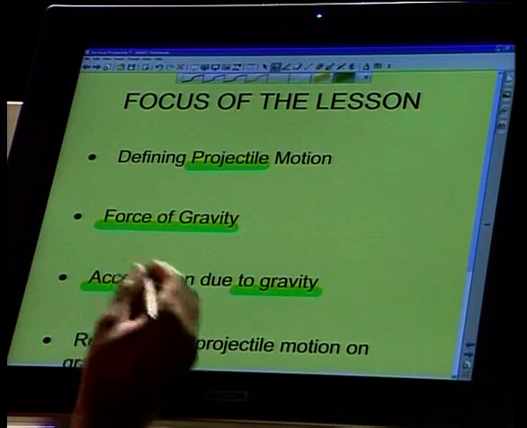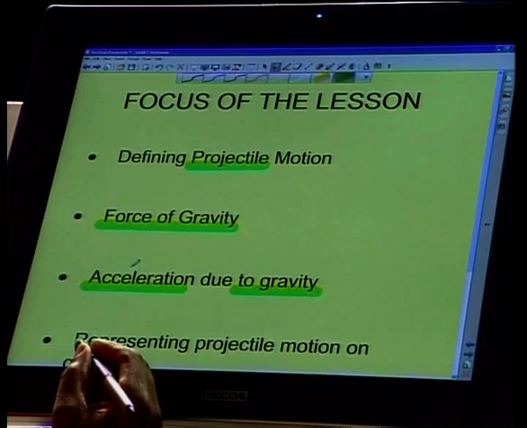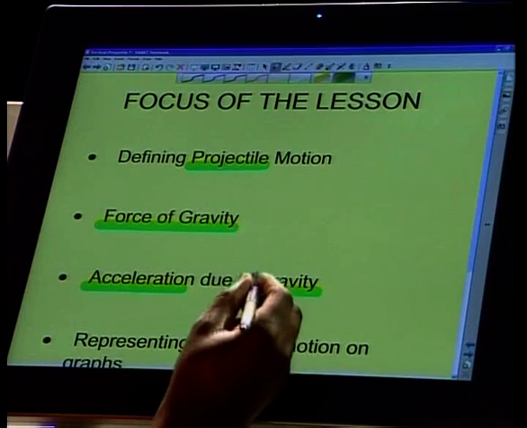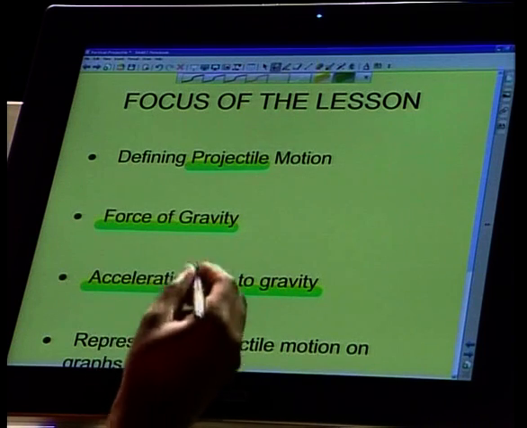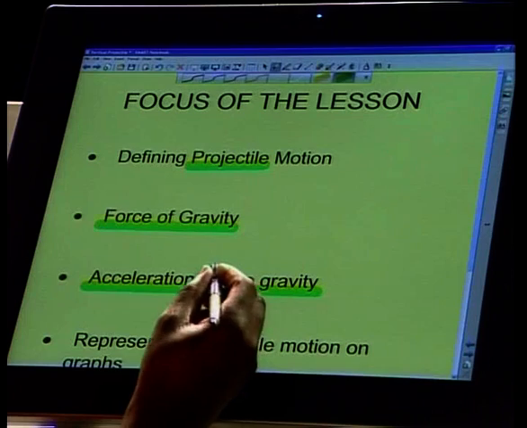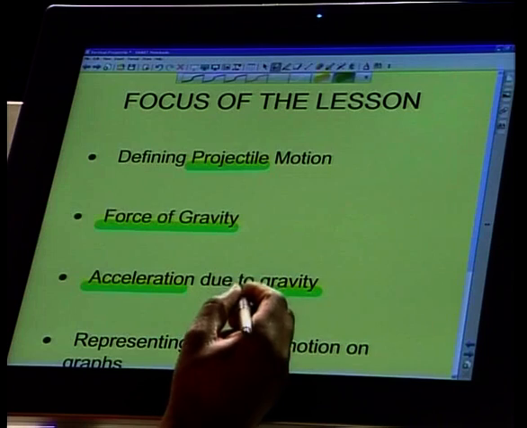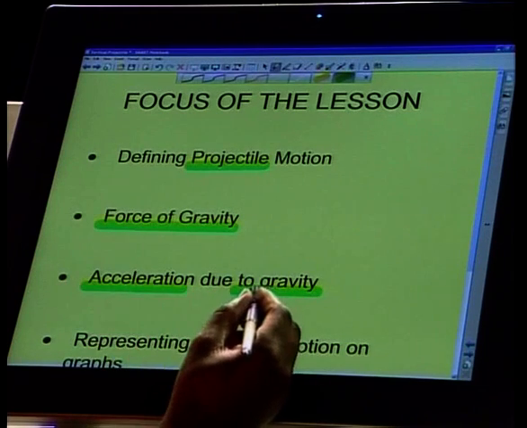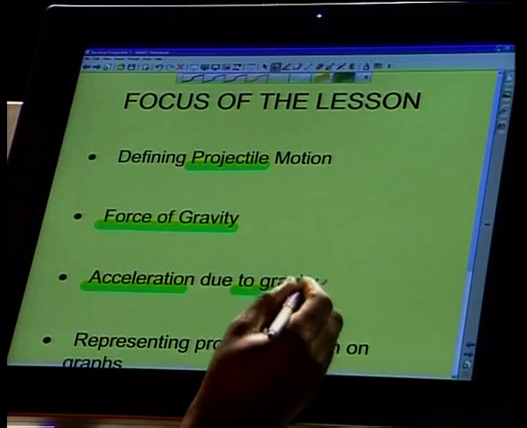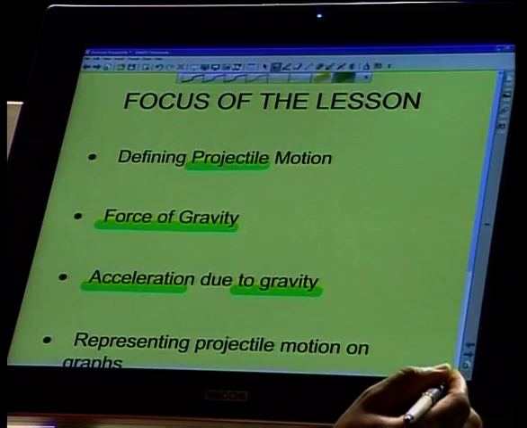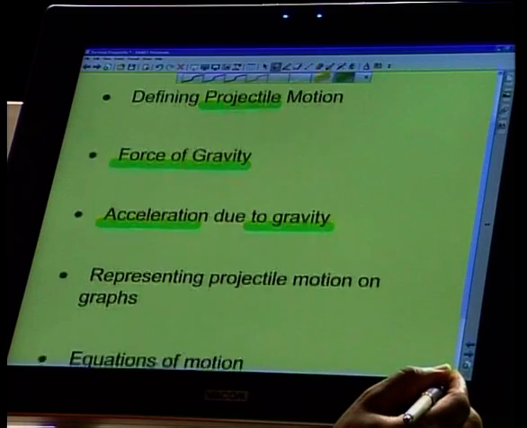We have spoken about acceleration in the lesson I referred to earlier, but this one will be very specific. It's acceleration due to gravity, and we'll be talking more about it.